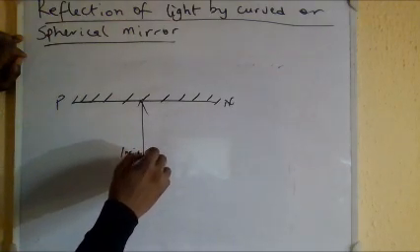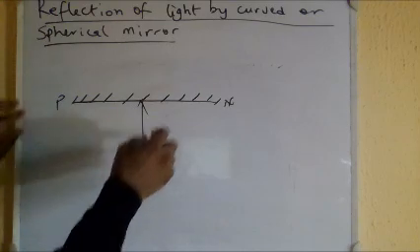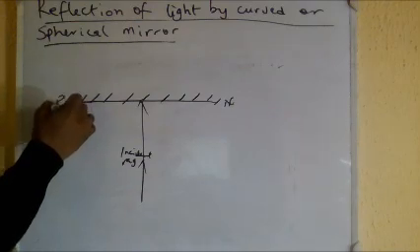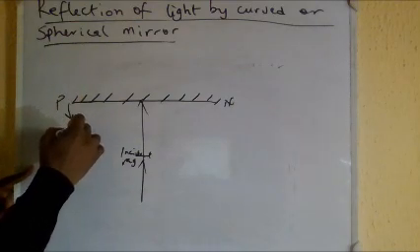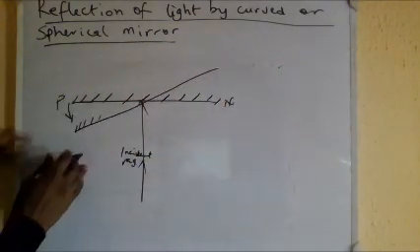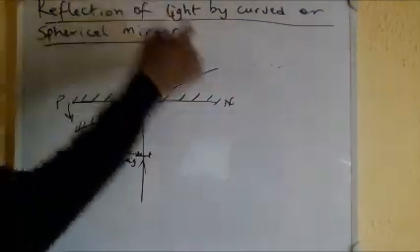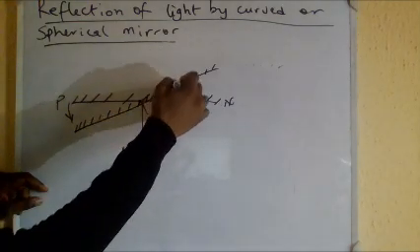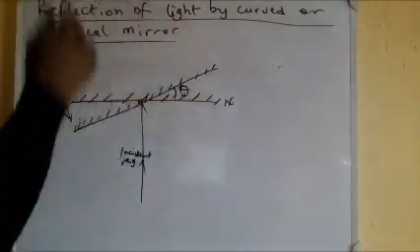So if this mirror is pulled down this way, it now rotates. If I pull it down, it goes up, and there's an angle that is formed like this, the angle of rotation.